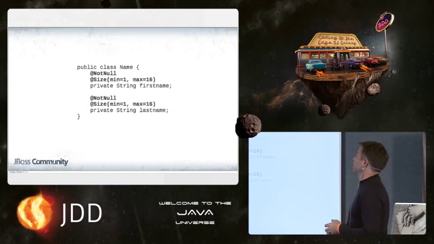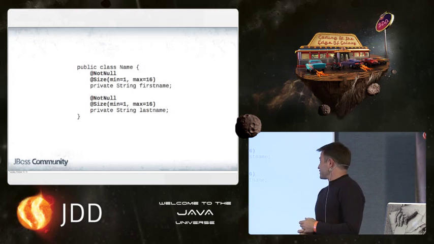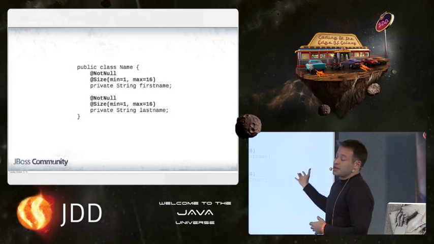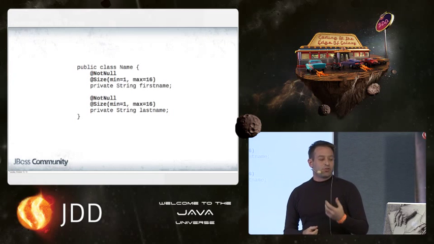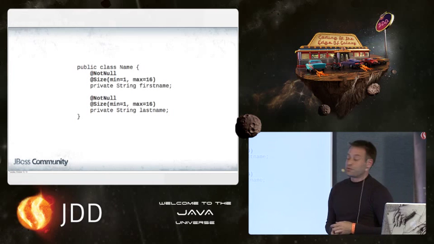You're saying, now there's a class name, first name, last name, and you basically just say, when I validate an instance of name, the first name cannot be null and has to be between 1 and 16 characters, and the same for the last name.